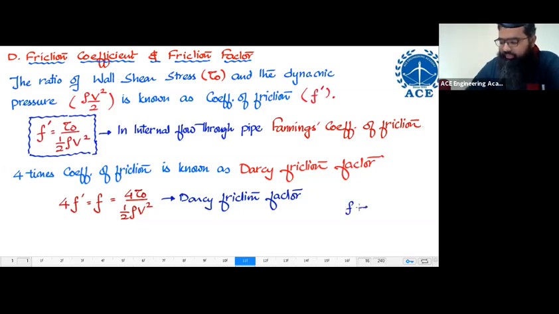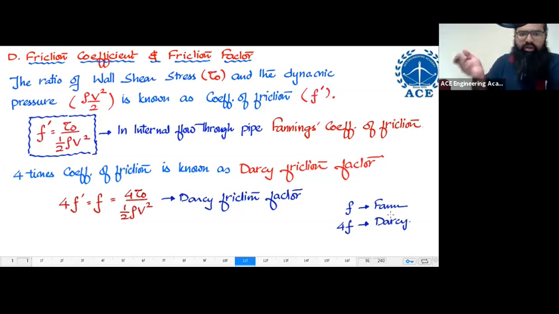I believe F represents Fanning's coefficient of friction and 4F represents Darcy friction factor. Probably this happens in some universities. That is why, when they give the formula for head loss by the Darcy-Weisbach equation, they write 4FLV square by 2GD. Some books write like this.